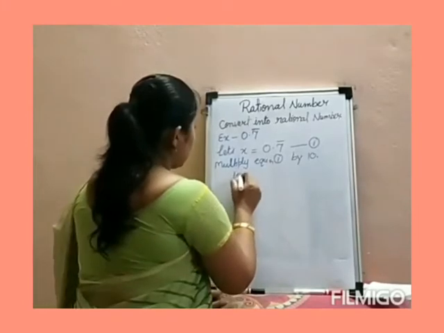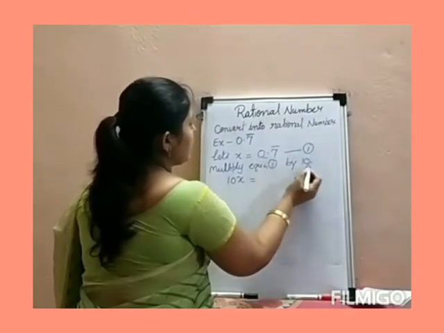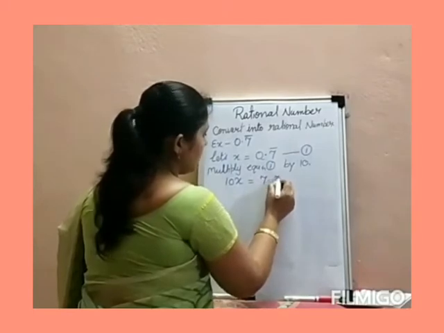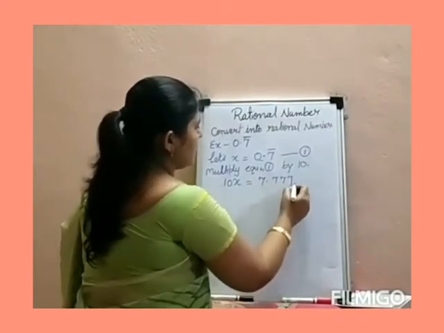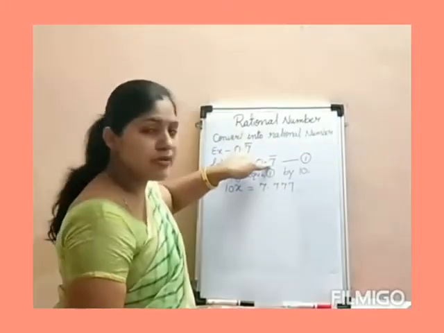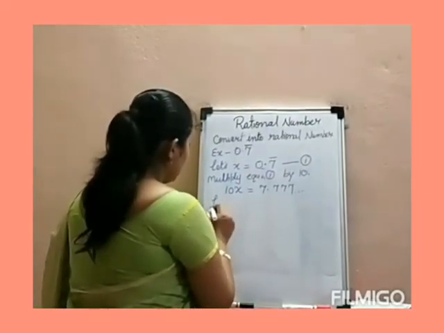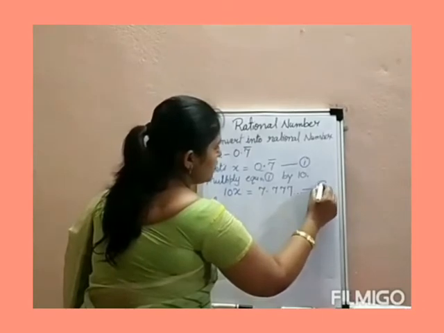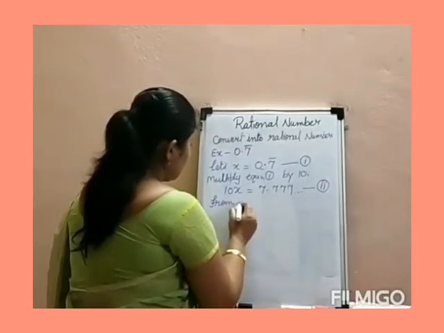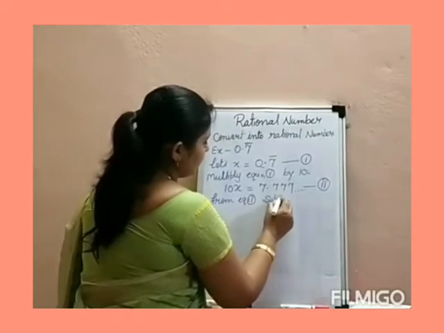So 10x equals to, when we multiply this number by 10, this decimal will move here. So it will be 7.777. Why have we written 777? Because there is a bar. It means 7 is the repeated number. Now this is equation 2. From equation 2, subtract equation 1.